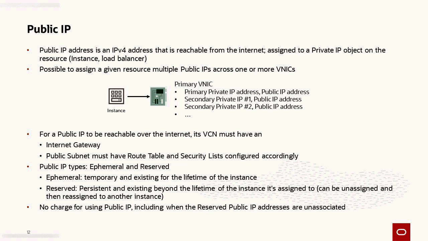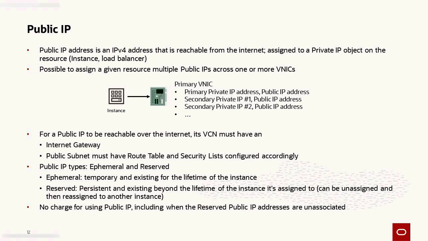There are two public IP types: ephemeral and reserved. Ephemeral IPs are temporarily assigned and exist for the lifetime of the instance. Once the instance is terminated, the public IP will be removed permanently from your tenancy as well.